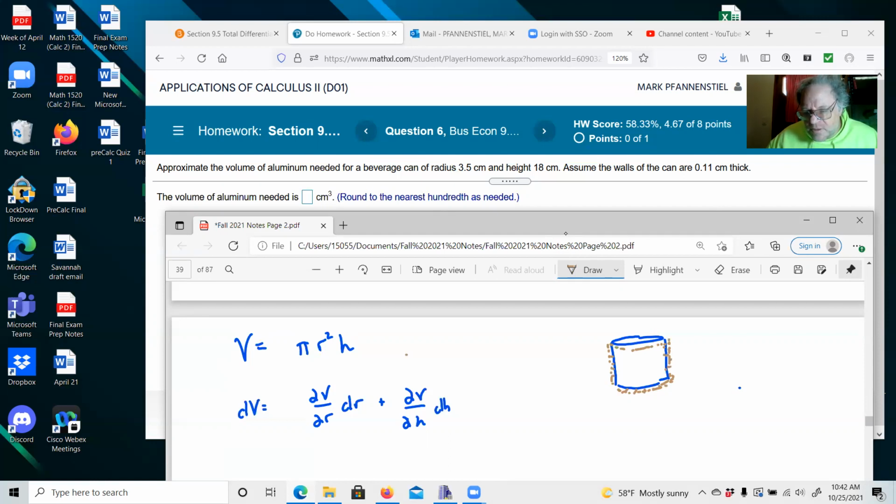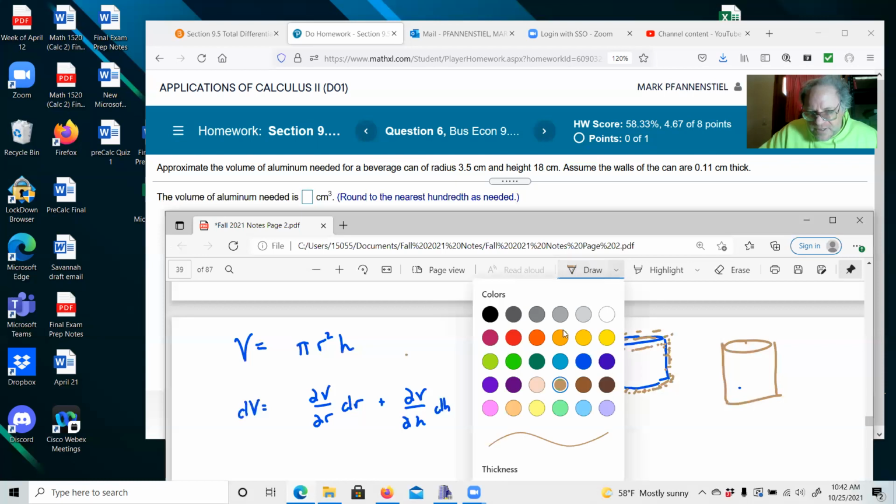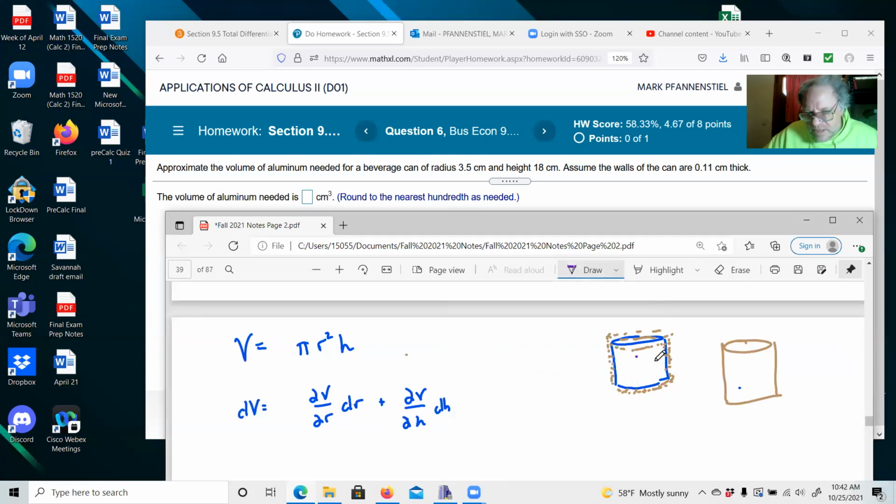Let's go ahead and make this a little bit bigger. You can think about the volume of the soda, or the beverage, whatever, and then just a tiny little bit. This is the envelope that goes around it, that is the can.